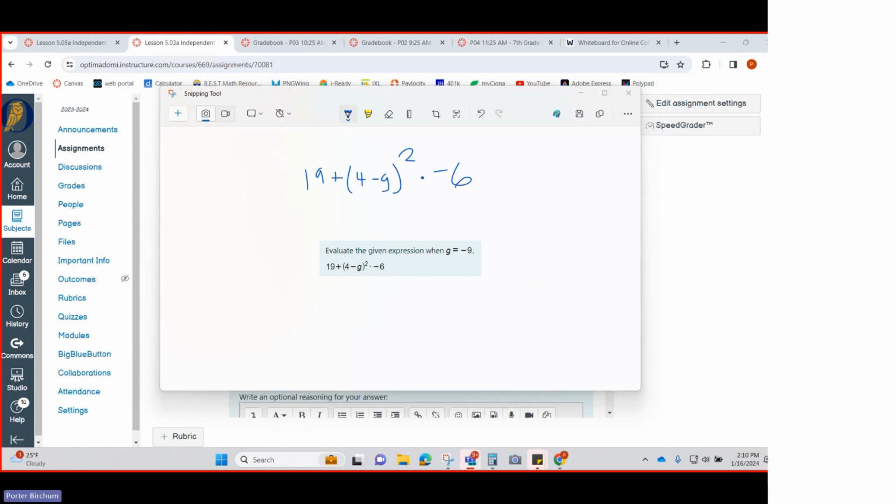Now I'm going to replace the letters with the number that the question wants me to replace the letter with. So here I have g equals -9.